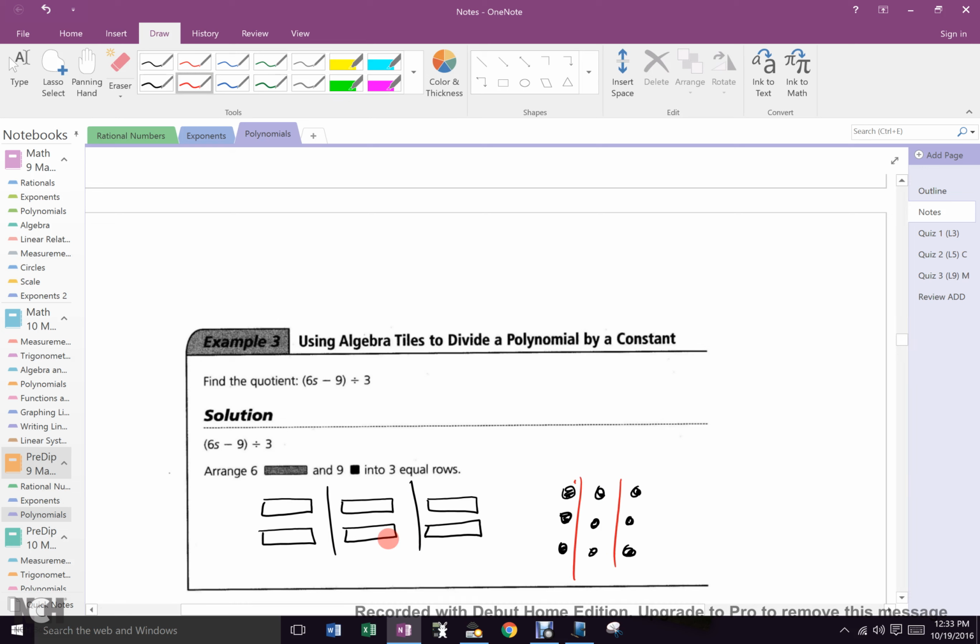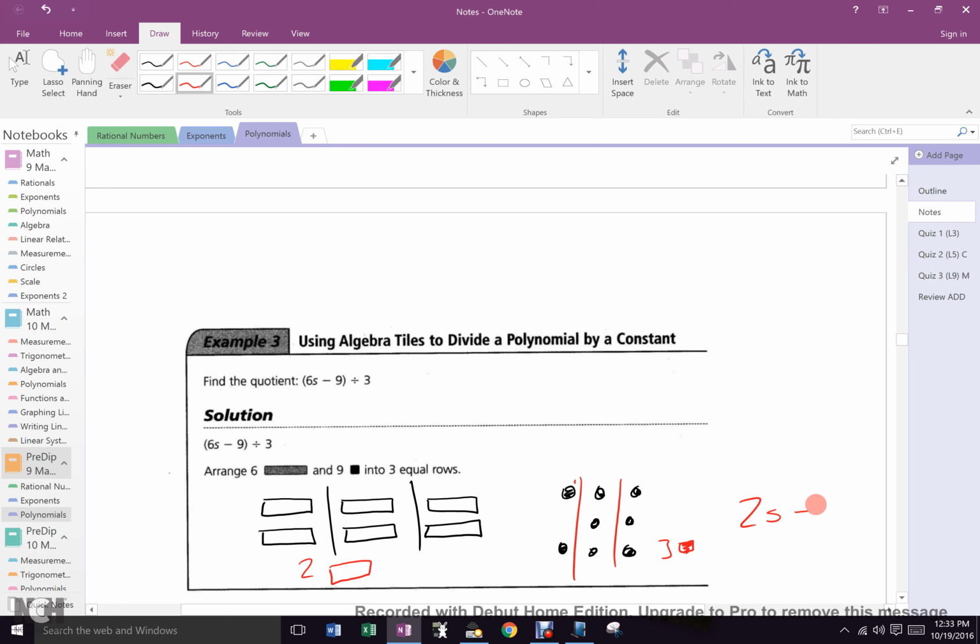What did you get here when you did your splitting up? 2 bars and 3 little boxes, yes? So what's your answer?